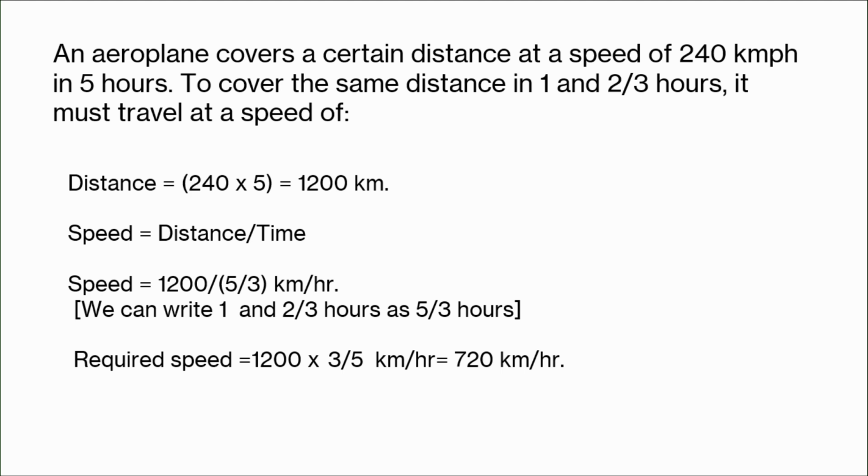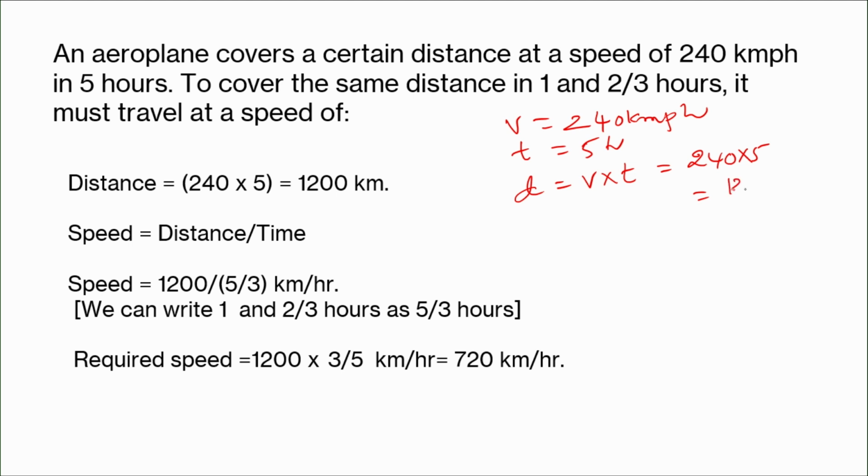First you have to write the speed is 240 kmph and the time is given as 5 hours. As you know that distance is equal to velocity into time, that is 240 into 5, that is 1200 kilometers, correct? Okay.